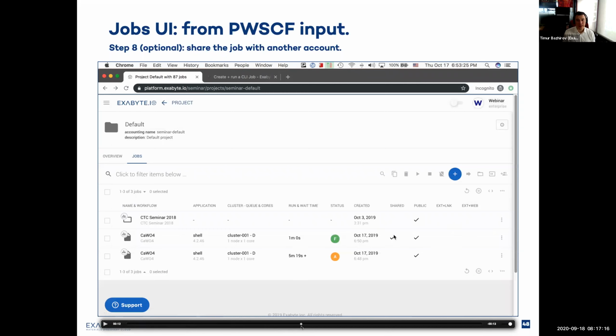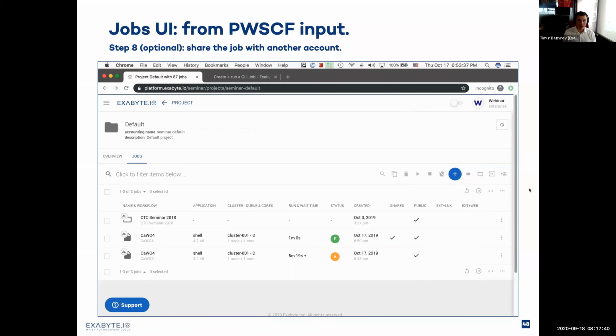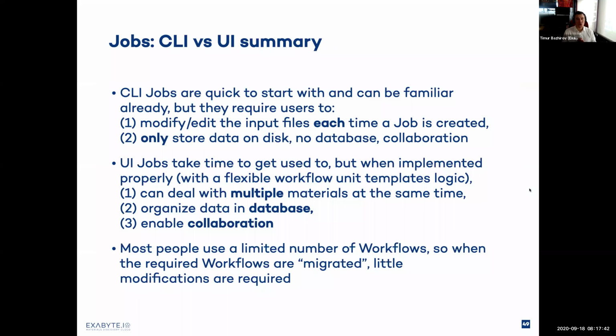And if I close this dialog, this job is now shared, and there is a check mark, meaning that this job has given specific permissions to another account to access the job. All right. So if I navigate back to my personal account, I will be able to see this job there. I will explain how to do that in a moment, but that's the optional step for sharing the calculations.